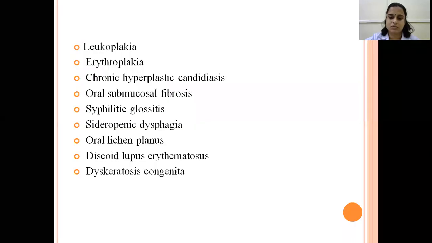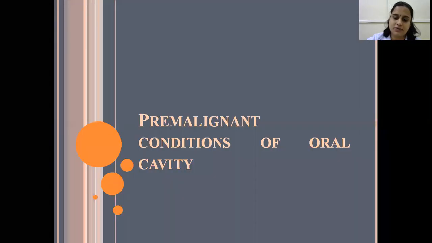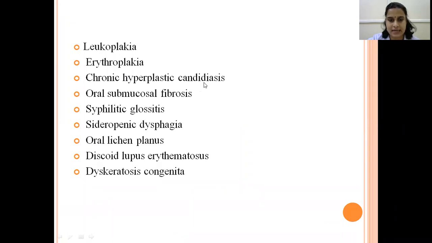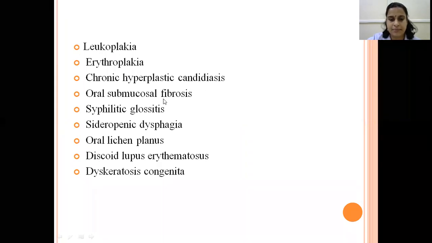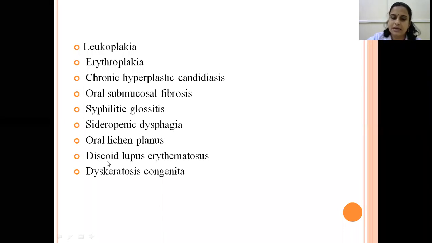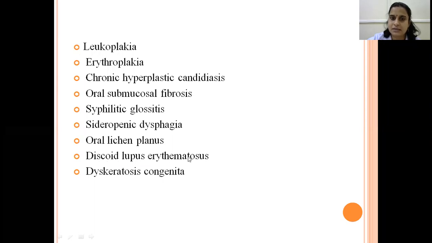So I'll just tell you the list of the premalignant conditions of the oral cavity in this class. As already discussed to you, leukoplakia, erythroplakia, chronic hyperplastic candidiasis, oral submucosal fibrosis, and syphilitic glossitis, hereditary syphilitic glossitis. Other than these, the other conditions: sideropenic dysphagia, where there is sideropenic anemia associated with dysphagia, oral lichen planus, discoid lupus erythematosus, a type of SLE, and dyskeratosis congenita.